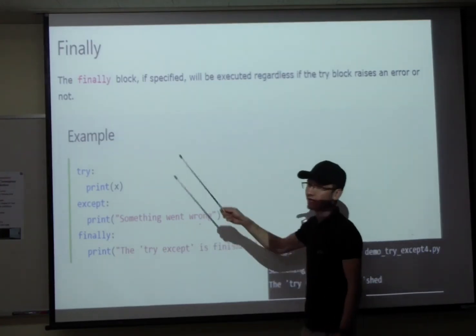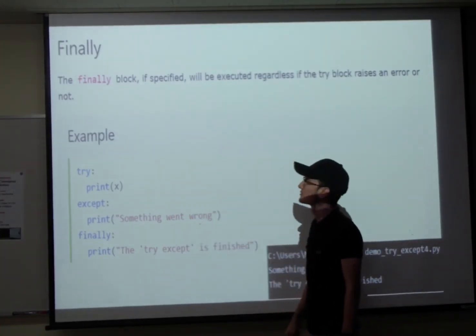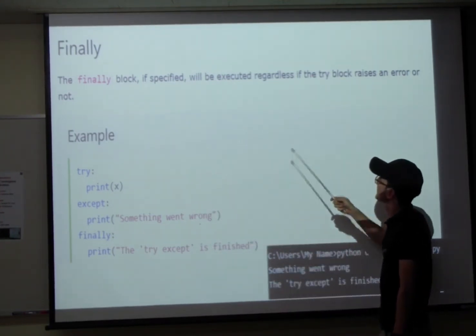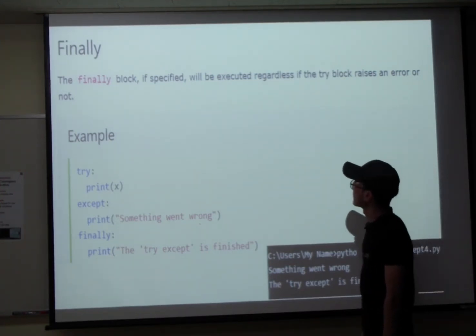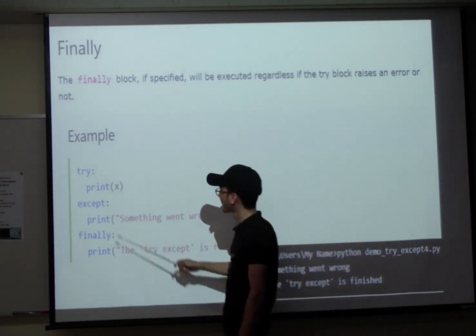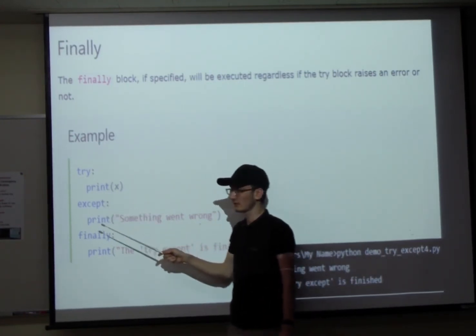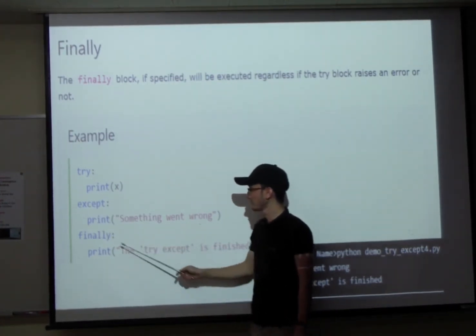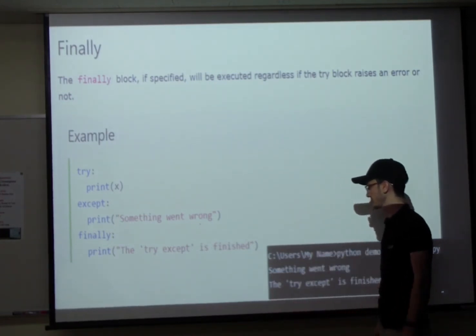We have also finally. We can use this finally with the try block. The finally block, if specified, will be executed regardless if the try block raises an error or not. Example, we write try print x. This has error, except print something went wrong. Finally, print the try except finished.